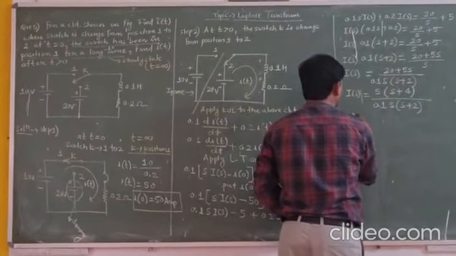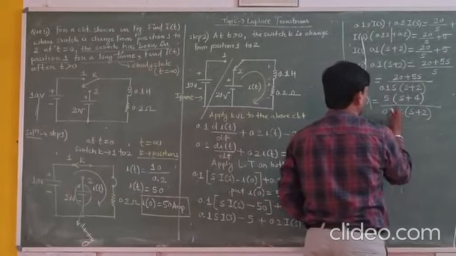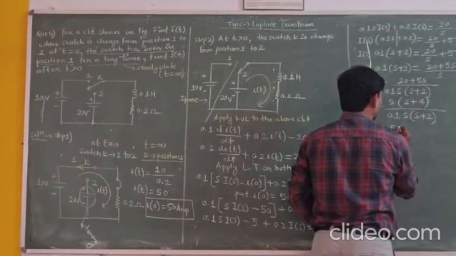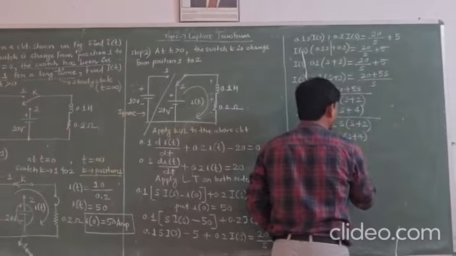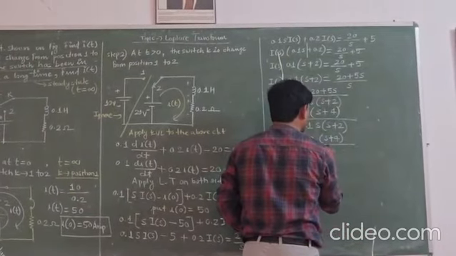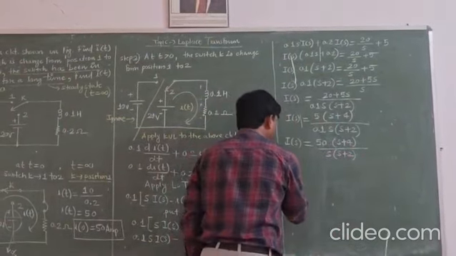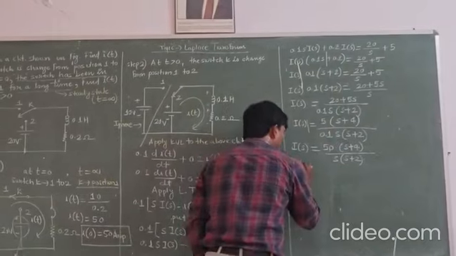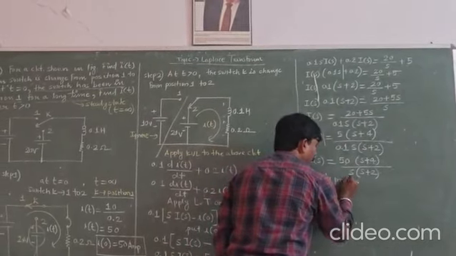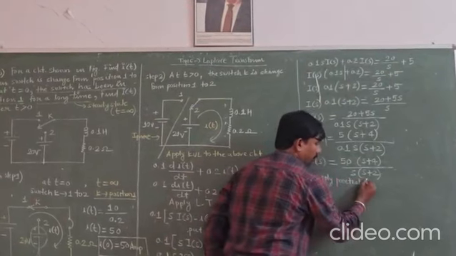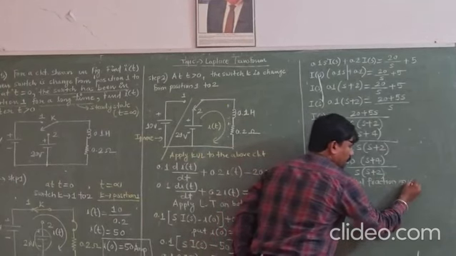So this I of s equals to, 0.1 goes to 10, 50 times s plus 4 divided by s into s plus 2. Now apply partial fraction method.